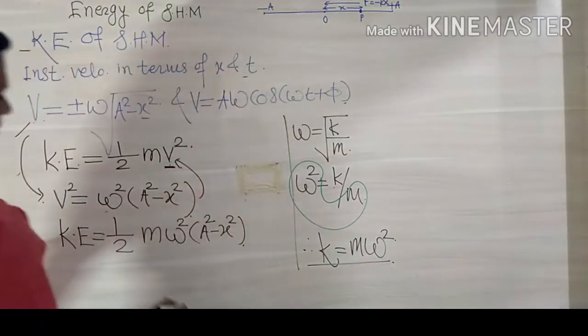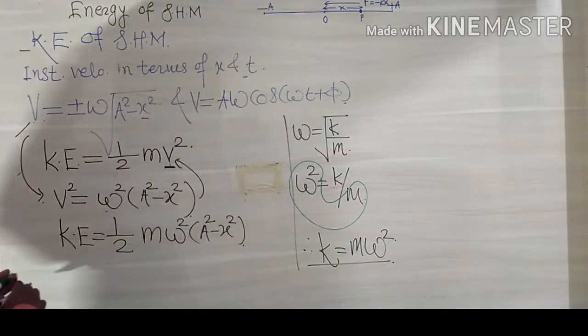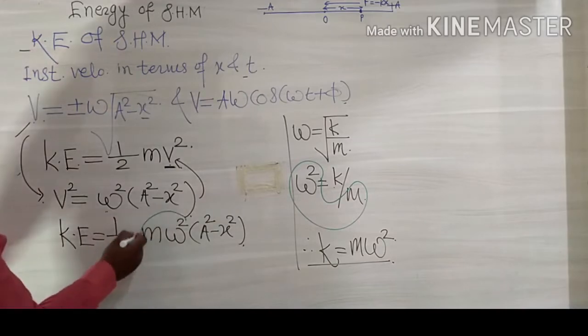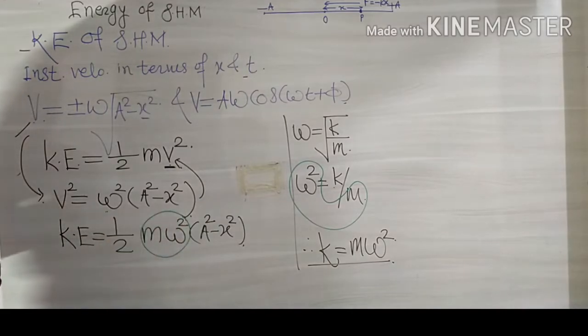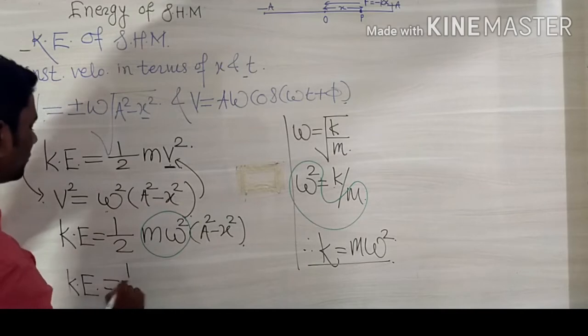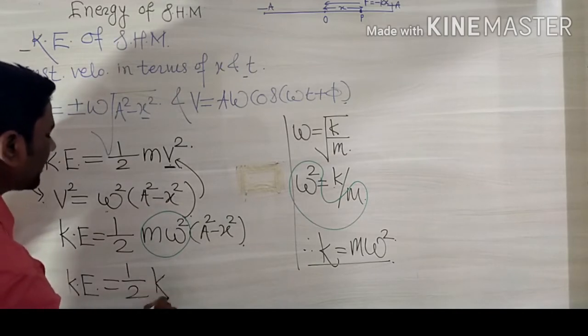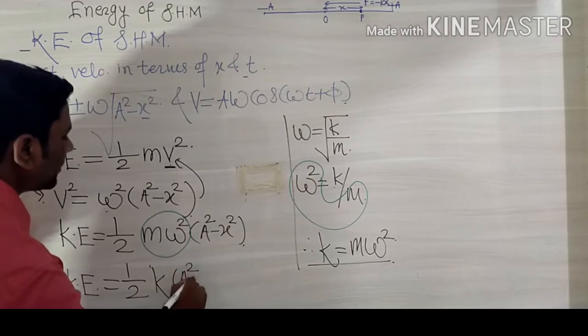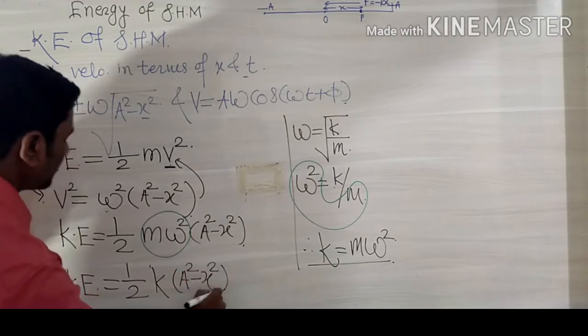Putting this value in that equation, m omega square is k, so the kinetic energy is equal to 1/2 k into a square minus x square.